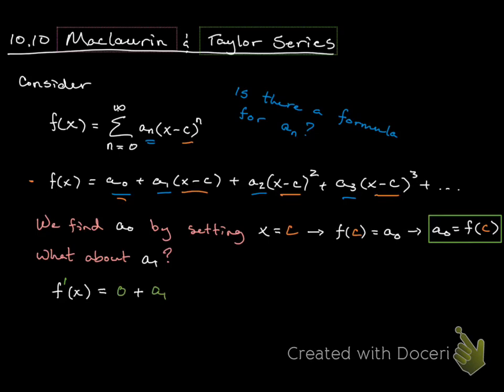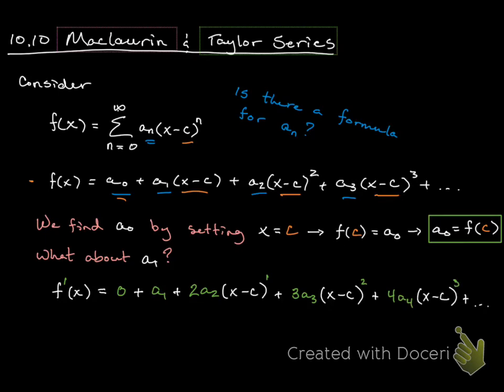The first term, derivative of a0 is 0, plus a1, and then everything is going to have a power down in front and a decreased power. So it should be 2a2 times x minus c to the first, plus 3a3 x minus c squared, 4a4 x minus c to the third, and so on.